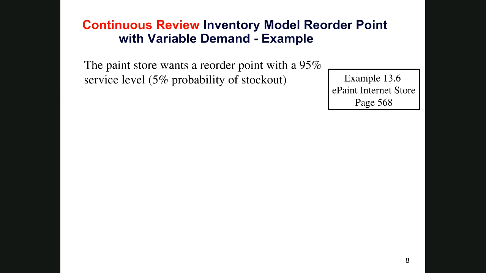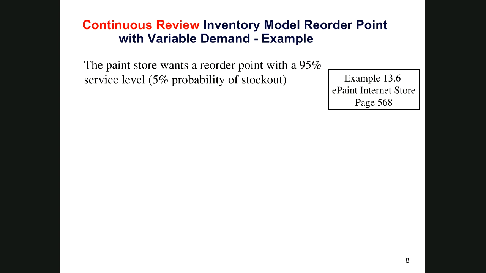So let's take a look at that. We're given everything in this problem except the Z value. So let's record everything and then make sure that we understand. We know that our average daily demand is in the problem.